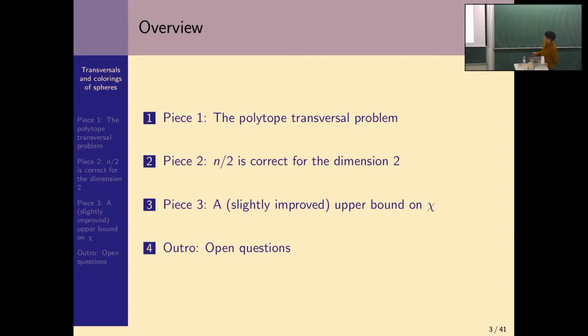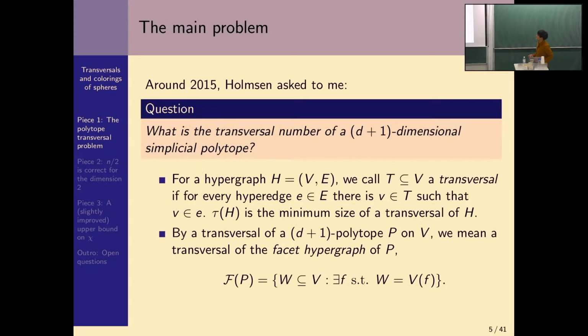The first piece will be a little bit longer. Even if these three pieces are related to one problem, the results might look like quite independent results, but to me they are quite closely interconnected. Okay, so I'll start from the first piece.